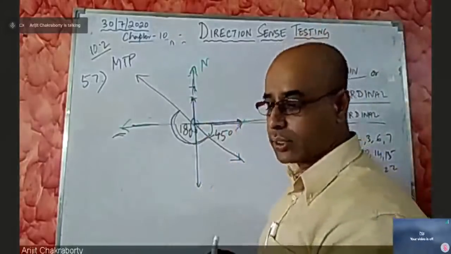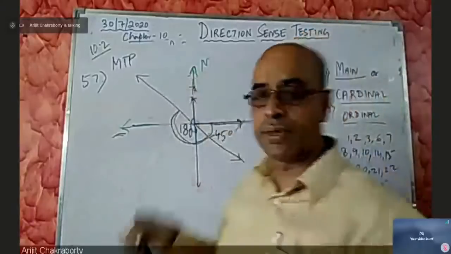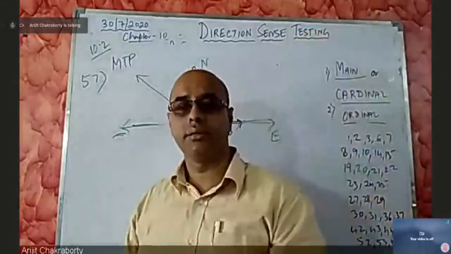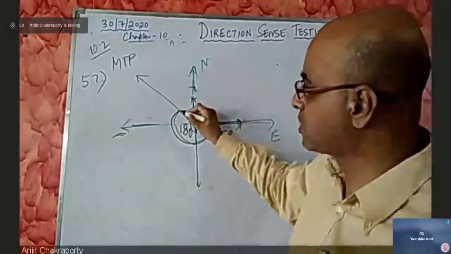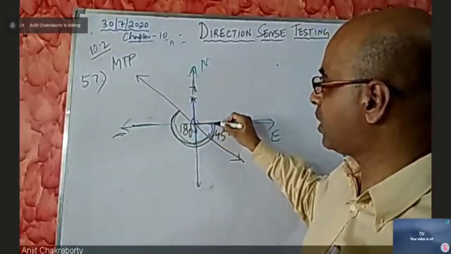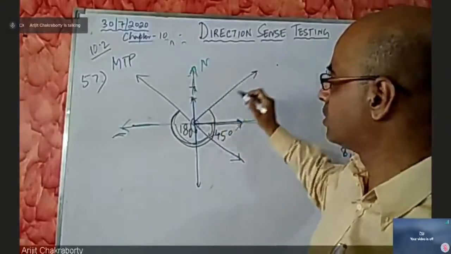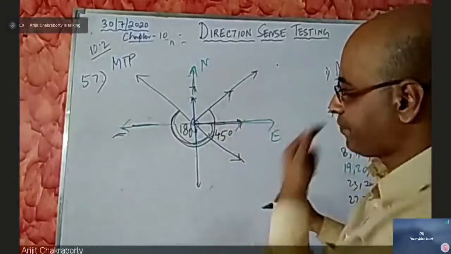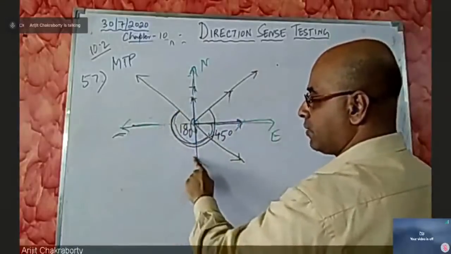Very good. He turns from here, this direction. He turns 270 degree anti-clockwise. Reverse direction. 270 means from here he comes 180, 45, another 45. So he's now facing this direction. So he started from here, 45, 180.